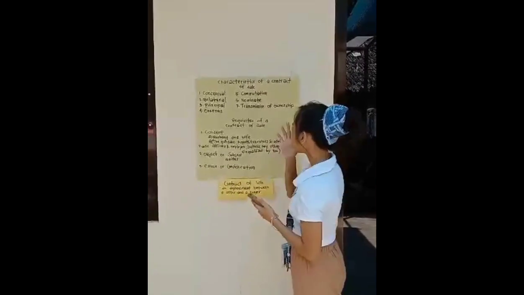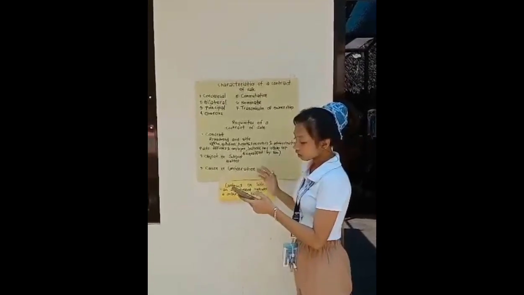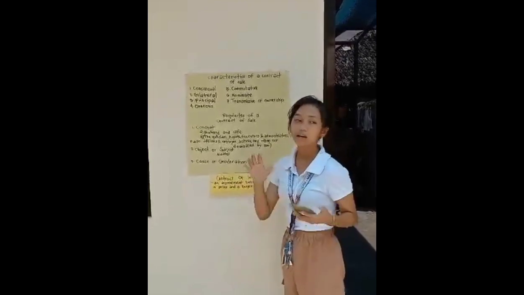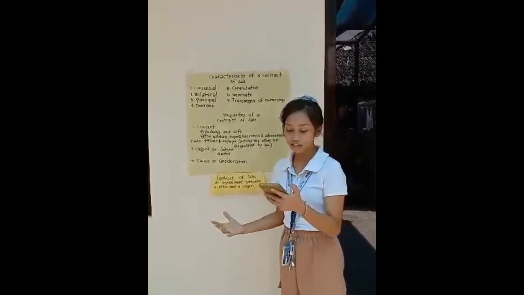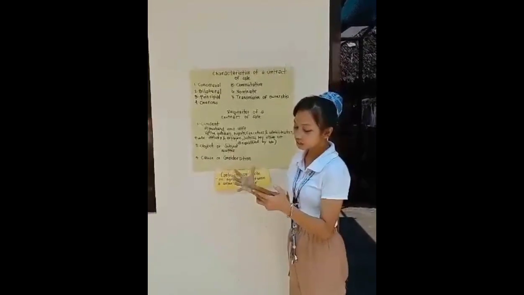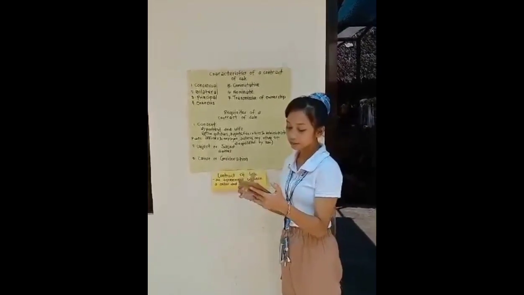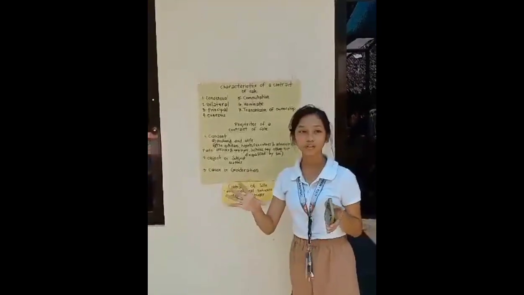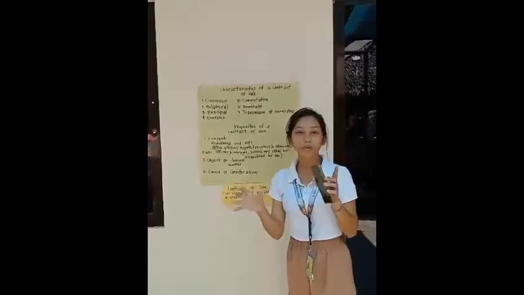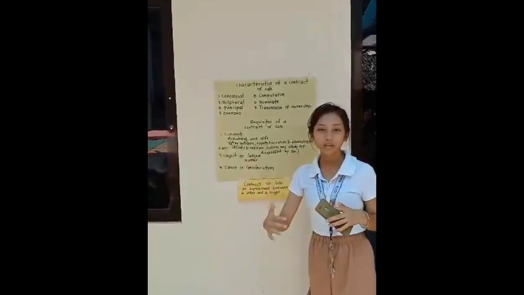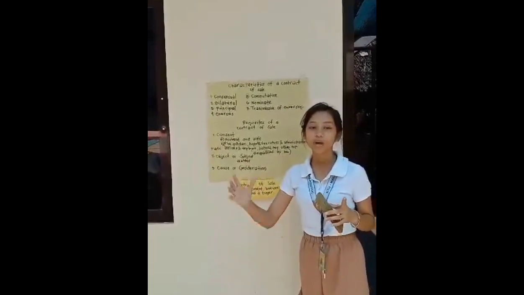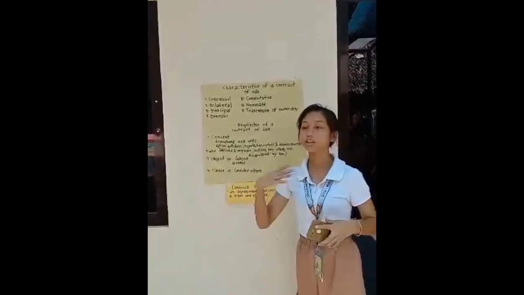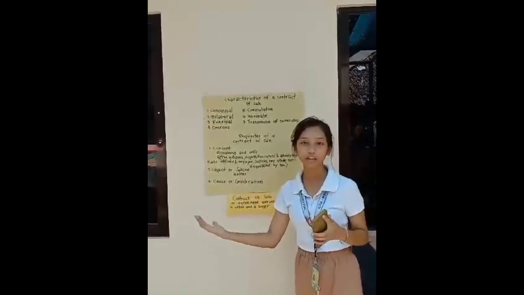So, a principal contract is like an independent contract. For it to validly exist, there is no necessity for it to depend upon the existence of another valid contract. So it can exist without depending upon another valid contract.